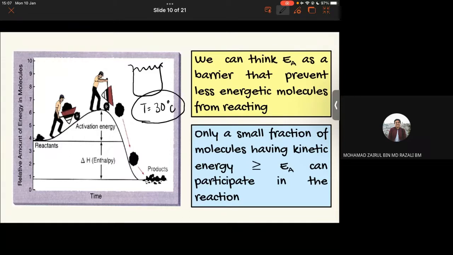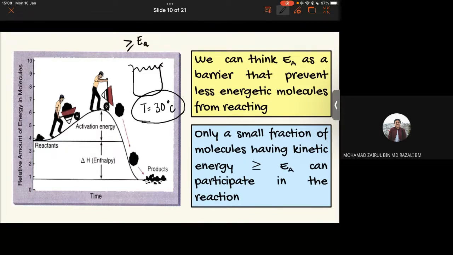Sebab setiap partikel itu akan ada kinetik yang berbeza. So tak semua partikel yang berlanggar akan hasilkan produk. Sebab apa? Sebab tak semua partikel tu ada energi yang cukup untuk dihasilkan produk. So kalau energi partikel itu equal or greater than the value of the activation energy, baru produk itu akan terhasil.